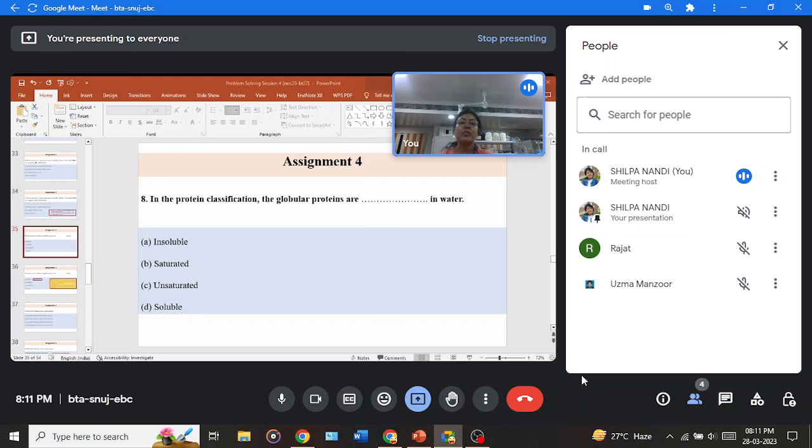We also tried to recap this during lecture number 10, classifying proteins as fibrous proteins, globular proteins, or solvated proteins. You have to recall whether globular proteins are insoluble in water, saturated, unsaturated, or soluble in water.